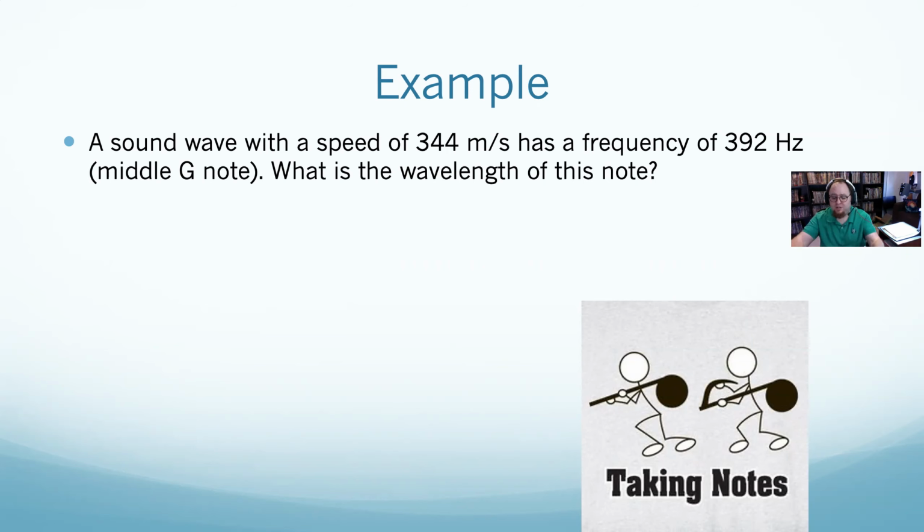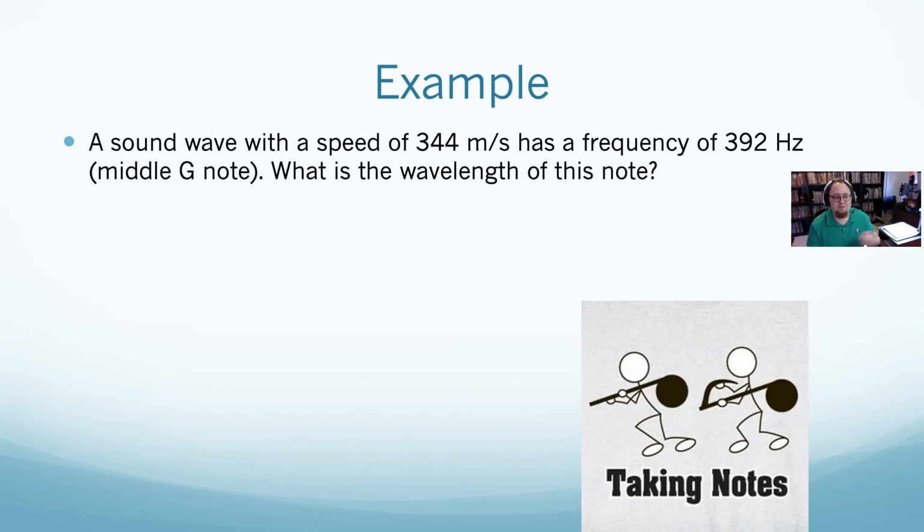When we define what a note is, it's just set to a frequency. And so a middle G is 392 hertz. Now it's worth noting that the speed of sound in air is 344 meters per second. And so my question is, if a middle G moves through the air at 344 meters per second and has a frequency of 392 hertz, what's its wavelength?